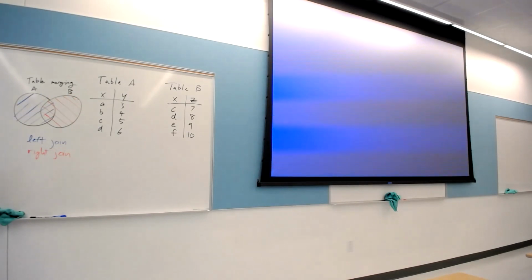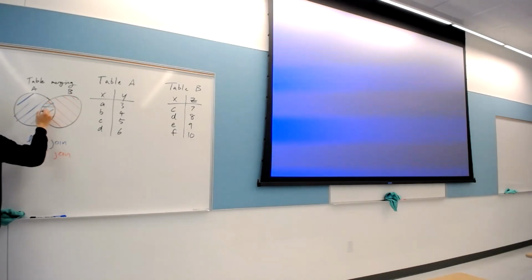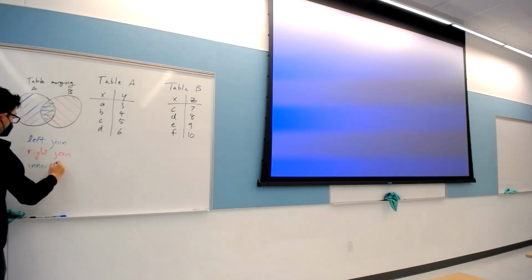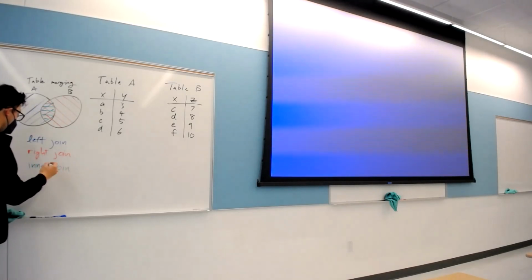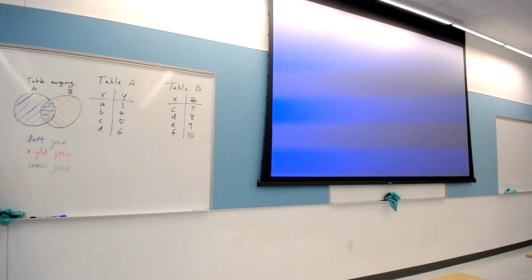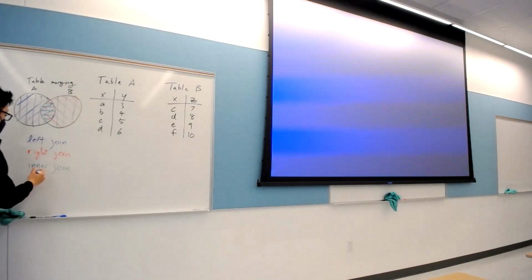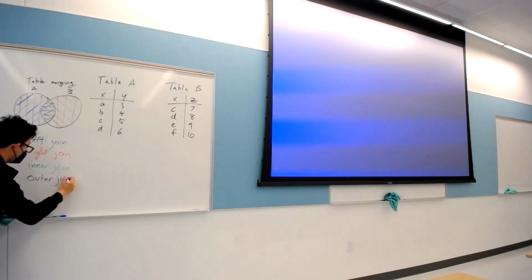We could have just the intersection, and this would be known as an inner join. And the last one we can have is where you keep all of the information. And this would be known as an outer join.